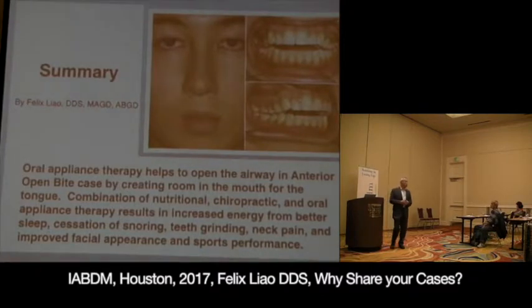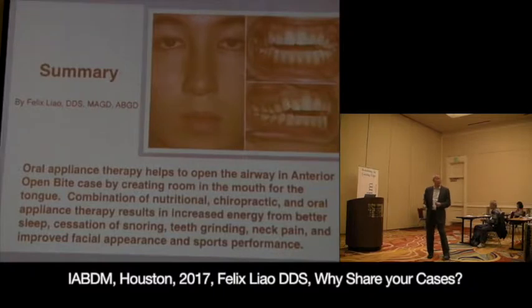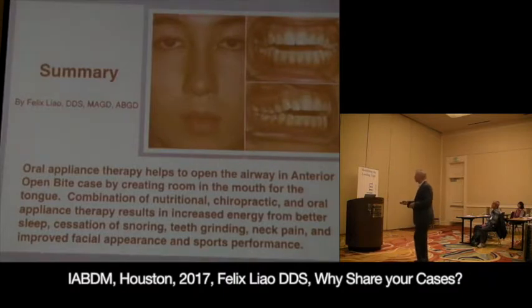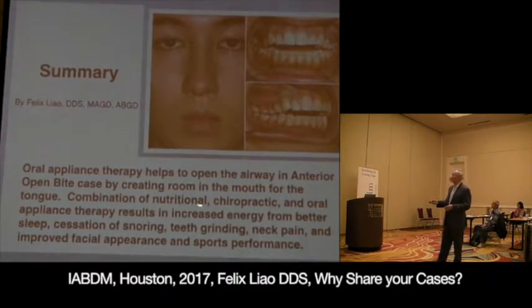So this is the summary of the case that I'm using in parallel with this guide. An oral appliance helps to open an airway in this anterior open bite case by creating room in the mouth for the tongue. Now the tongue doesn't have to try to fight its way out of Alcatraz.